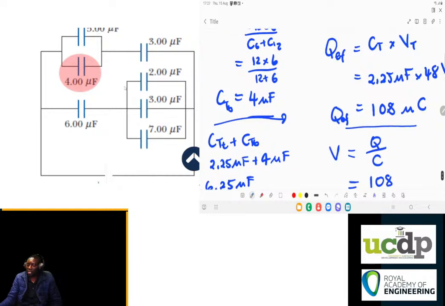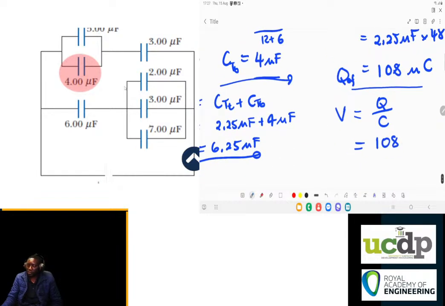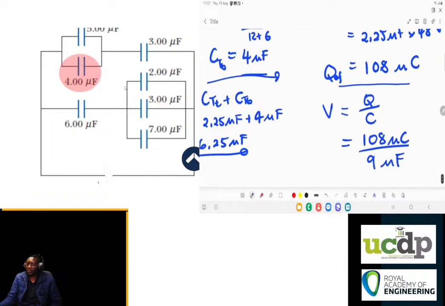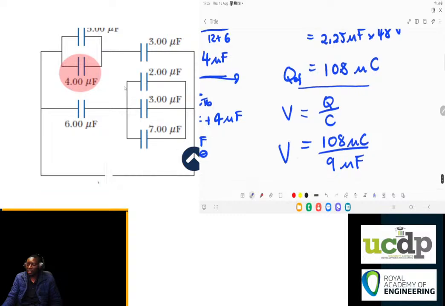So it's 108 microcoulombs over the capacitance, which we're saying is 9 microfarads. It gives us the voltage across that parallel section. So what do we get from there?